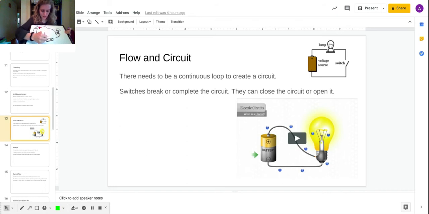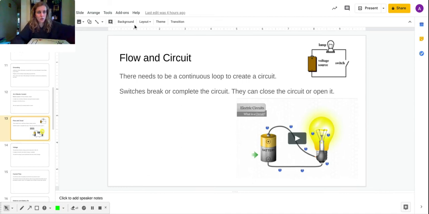And it'll keep flowing through. If this is closed, which means that it continues all the way through, then the electricity will keep flowing. But as soon as that's open or broken, then it'll stop. Then our circuit is no longer continuous, so it will not flow.